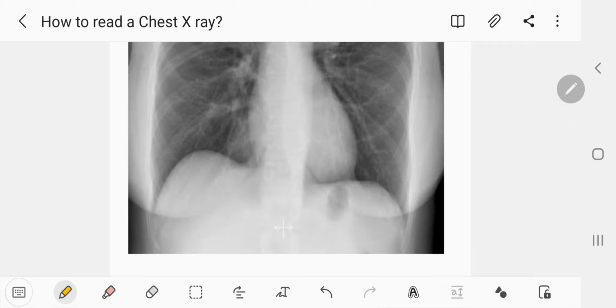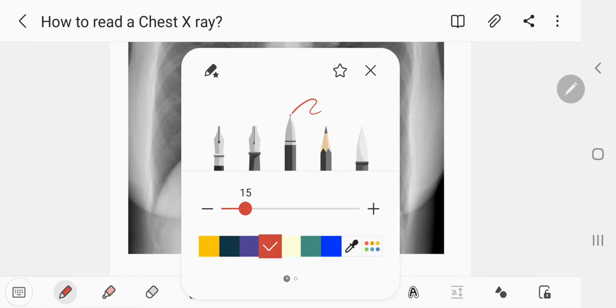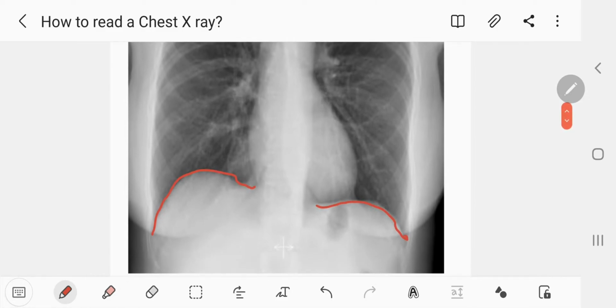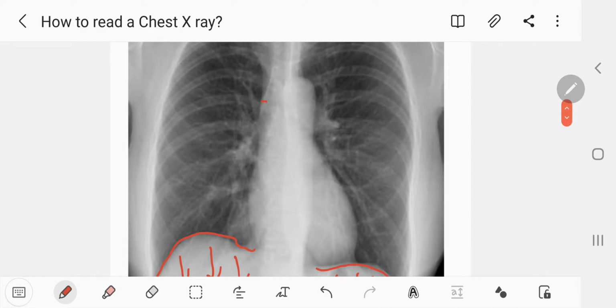Well, I'm sure you are all familiar with this. This is the diaphragm. When you inspire, the diaphragm moves down, and when the diaphragm moves down, more air is filled in the lungs.